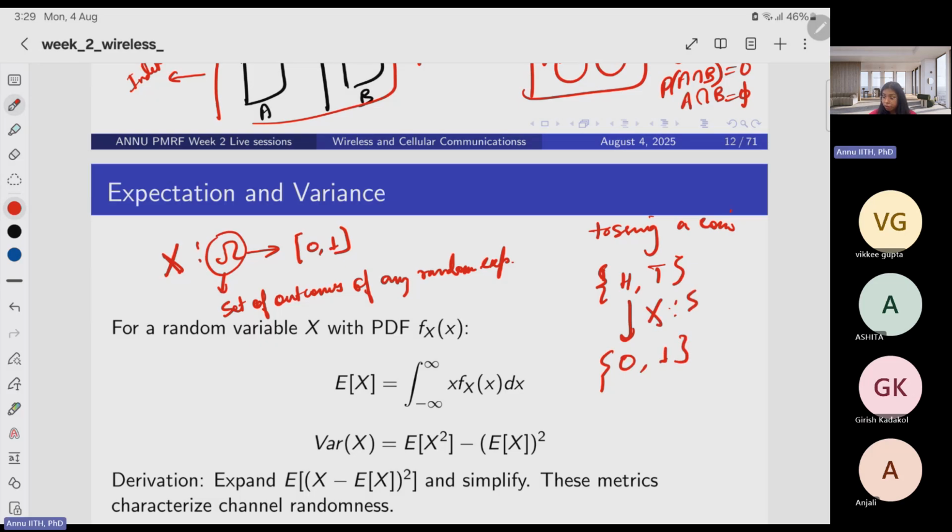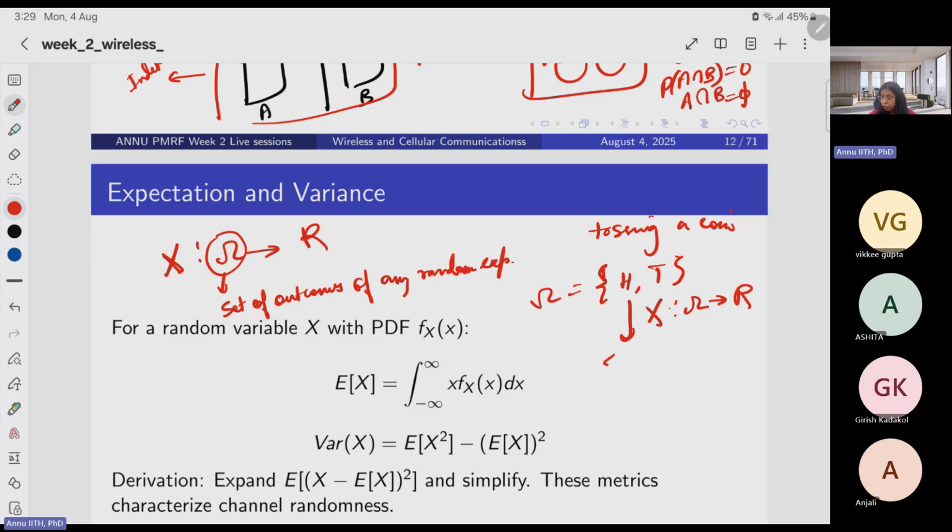It maps to any value on the real line, not just 0 to 1. It can be 3 or 4. So it gives a mapping to the real line.